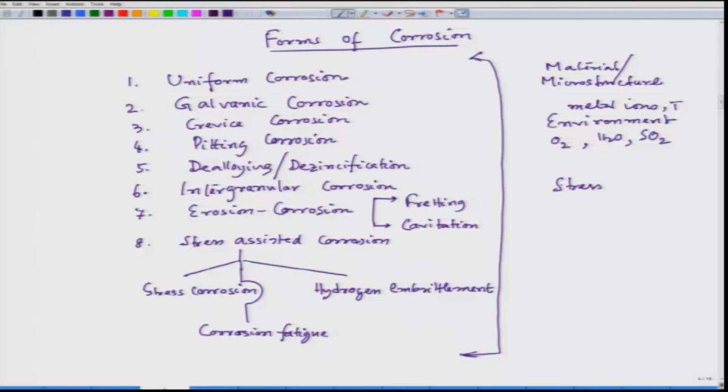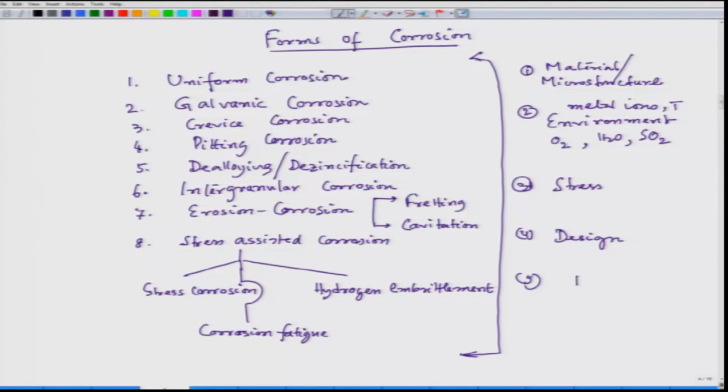Then, this is 1, this is 2, 3, then of course we have design. Design factor makes a huge impact. For example, between a smooth surface and a rough surface, the smooth surface of course will have less corrosion effect than the rough surface in general.